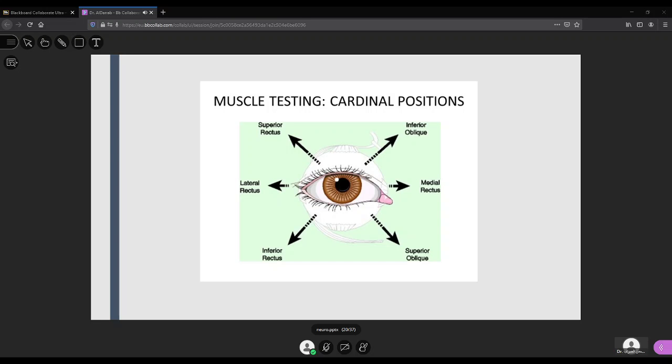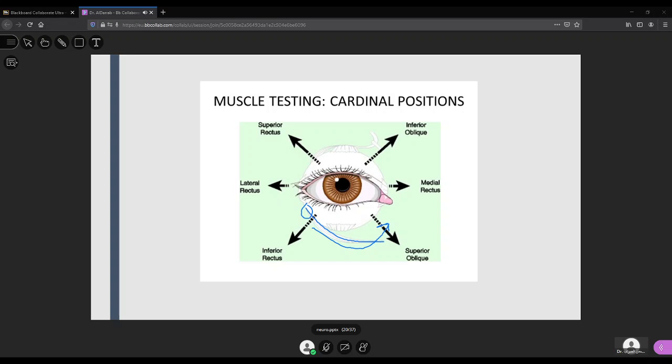Of course, the obliques' primary action is torsion, meaning it rotates, not elevate or depress. Now we have the superior oblique here, it will end up so it will what? This will contract, this will contract, so it will pull like this.